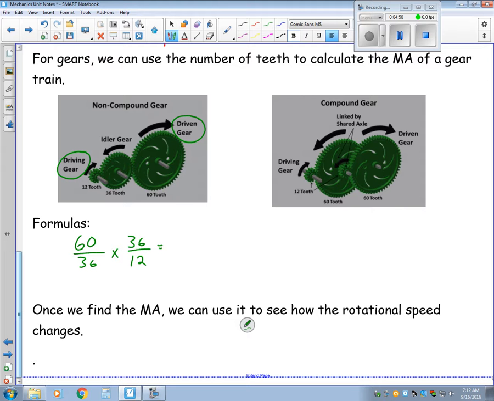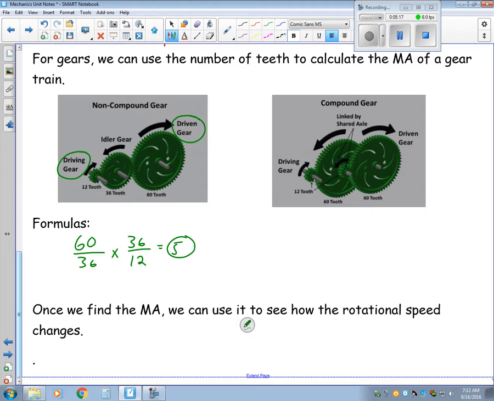So this is a mechanical advantage of 60 over 12, which is 5. So something like this is set up to increase your torque. It is not set up for speed at all. So this little tiny 12-tooth gear is going to be spinning 5 times to make the big gear spin once.